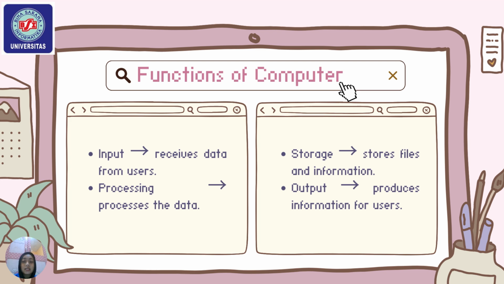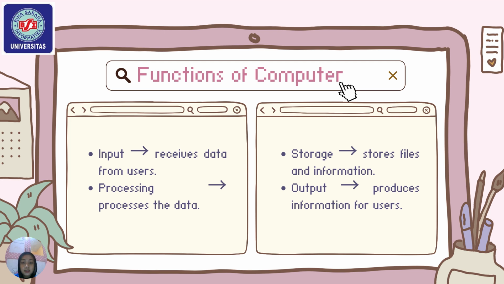The input is a computer receives data and instructions from the user through input devices such as a keyboard, mouse, scanner, or microphone. So the second is processing. The computer processes the data using the CPU or central processing unit to perform calculations and execute commands.